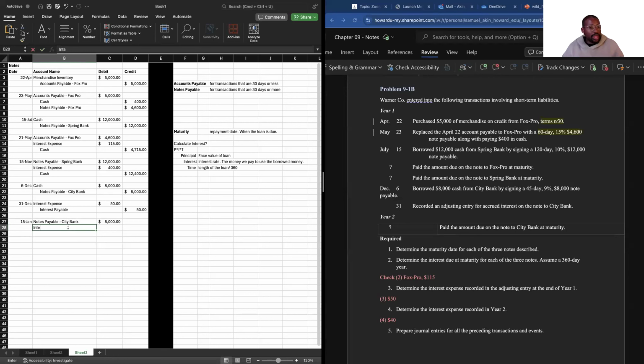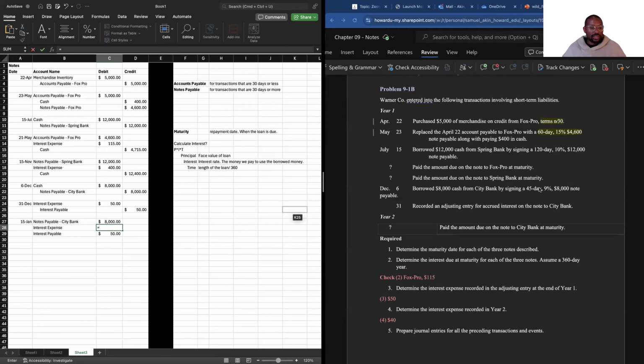But then we also need to pay back interest expense, right? But watch this, you all. We're not only paying back interest expense, but we also want to pay back that interest payable that we said we were going to pay back on December 31st. So the interest payable is going to be $50, which is only 25 days of the 45 days. So interest expense is going to be the remaining days, the days between December 31st and January 15th.